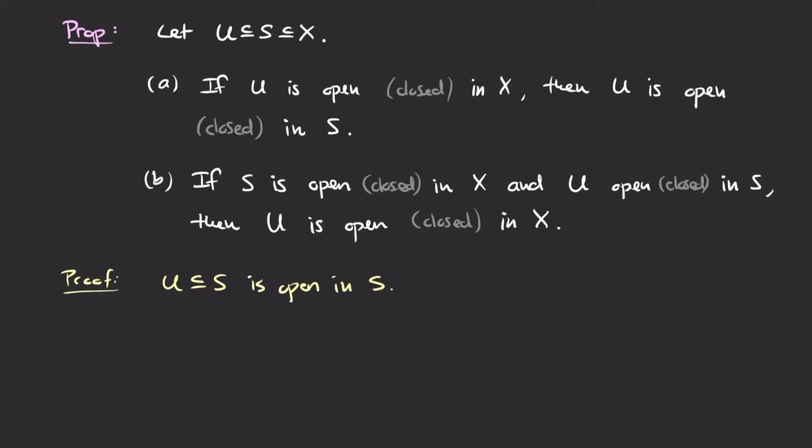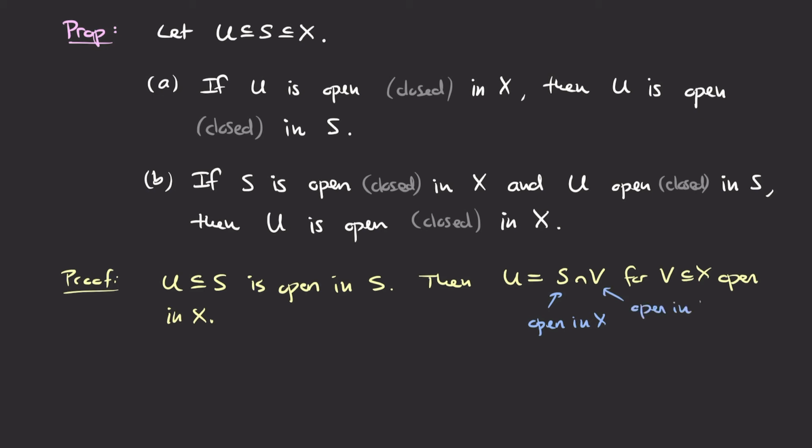So it's open in S. By definition, this means that U is equal to S intersection V for V an open set in X. However, now S, by assumption, is open in X, and we know that V is also open in X. And so here we've expressed U as an intersection of two open sets of X, which means that U is also open in X, just because finite intersections of open sets are again open.